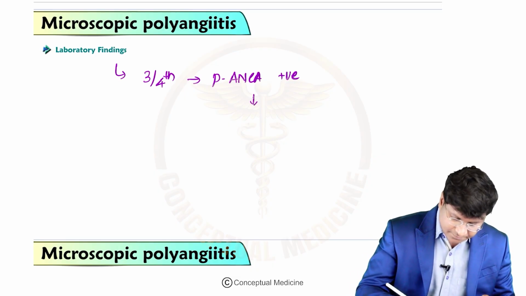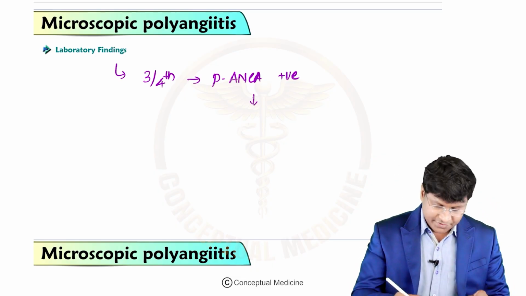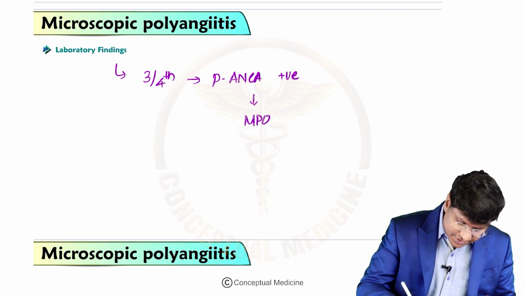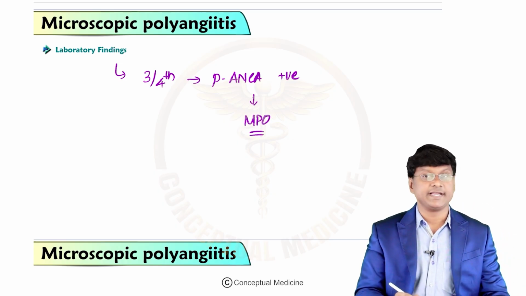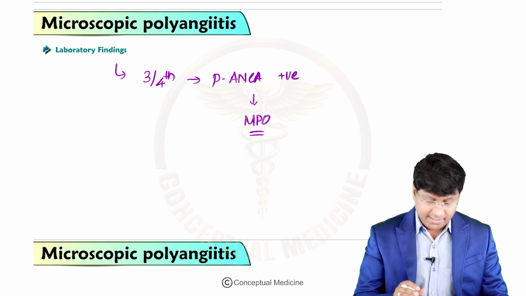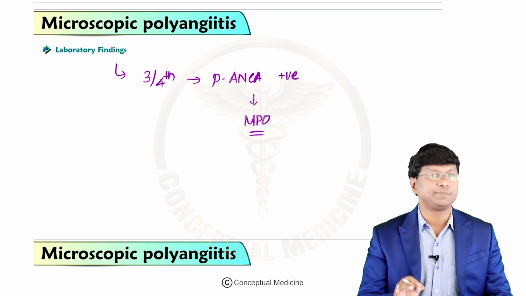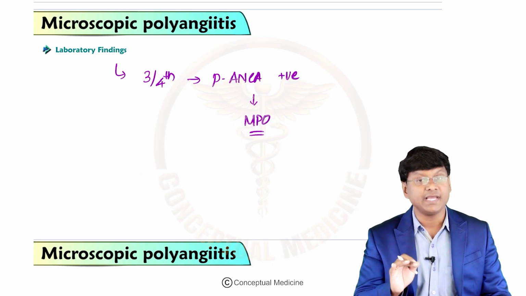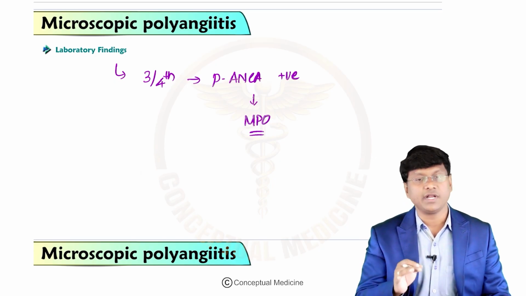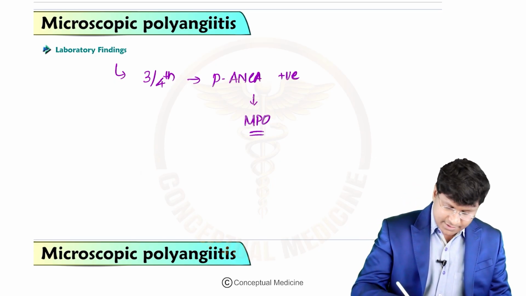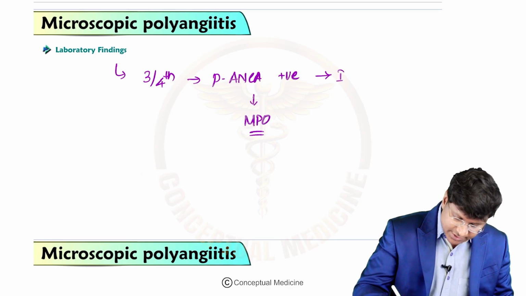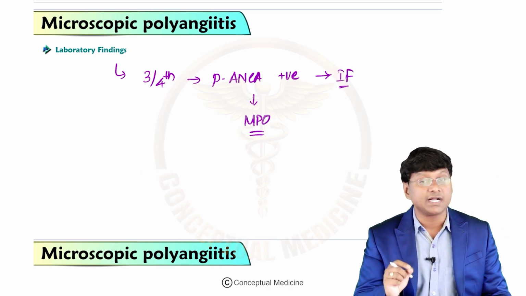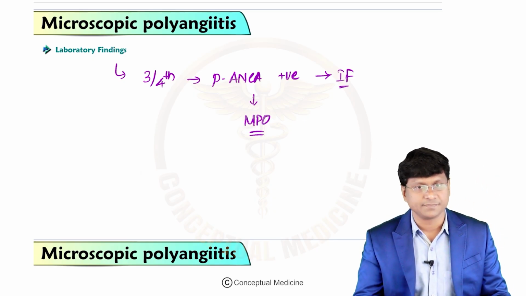This p-ANCA is an antibody directed against myeloperoxidase. Because of the presence of this p-ANCA, it will show a p-ANCA pattern on immunofluorescence testing.